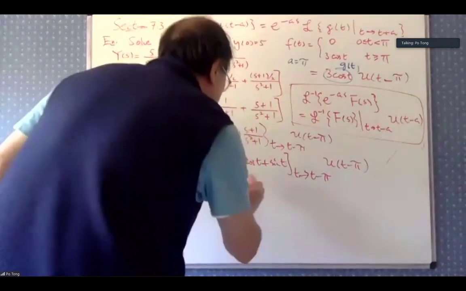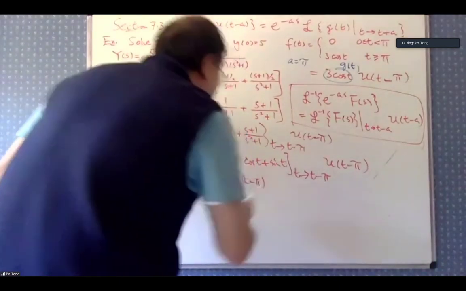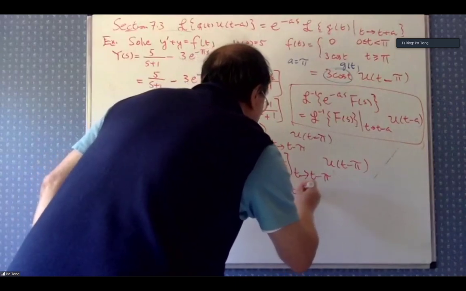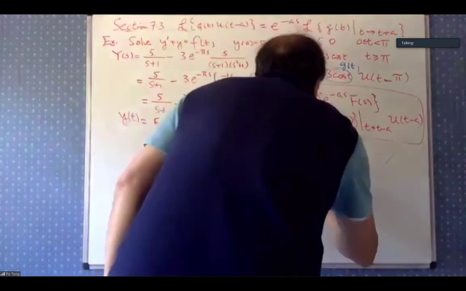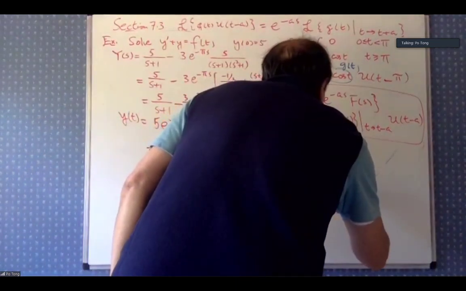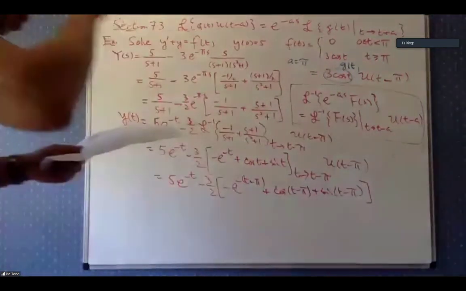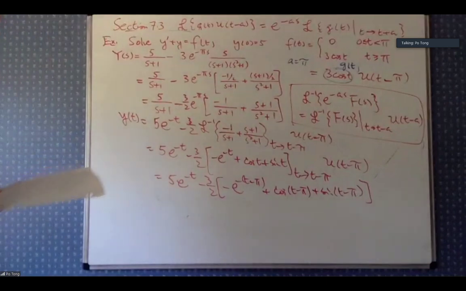This t needs to be changed to t minus pi. Okay, and then here change to t minus pi. Here change to t minus pi. Is it okay?